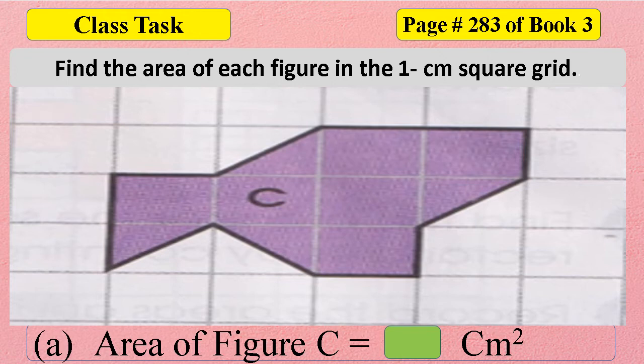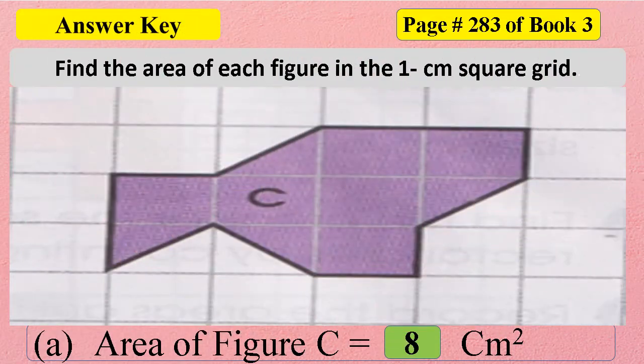Now we do the remaining part C of page number 283 of book 3. You see figure C here of the purple color. We count its square units: 1, 2, 3, 4.